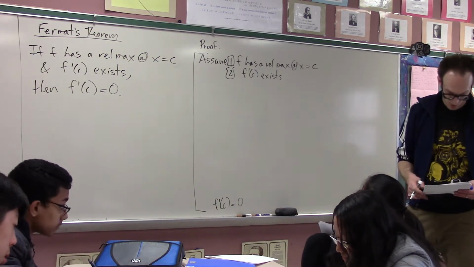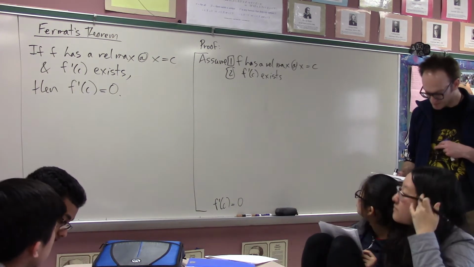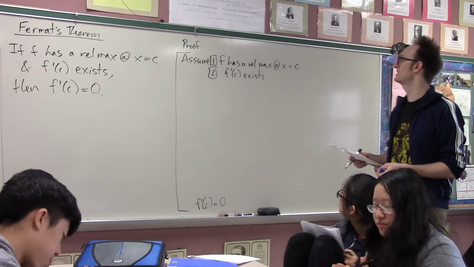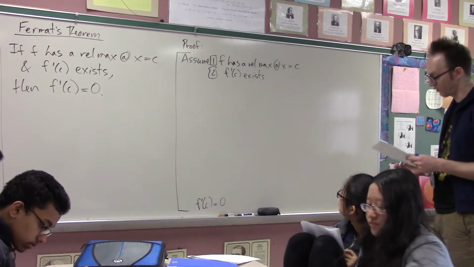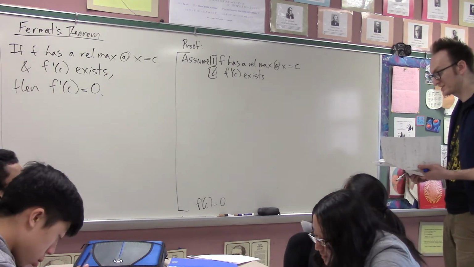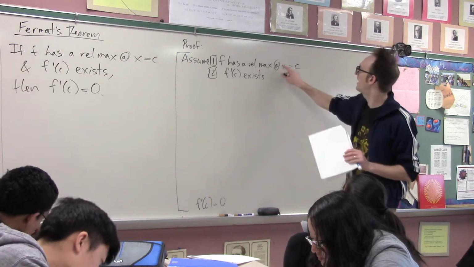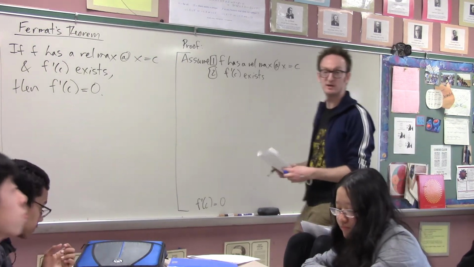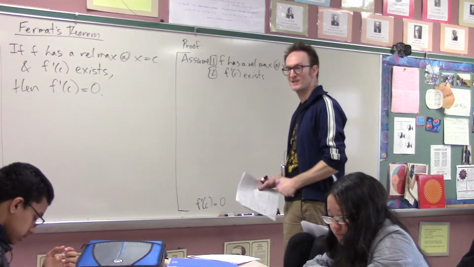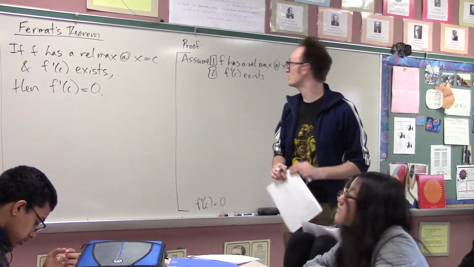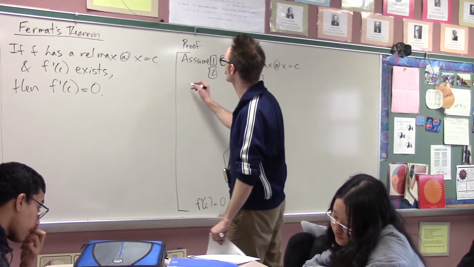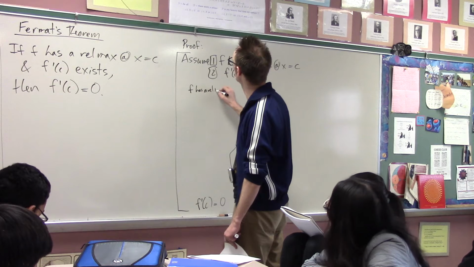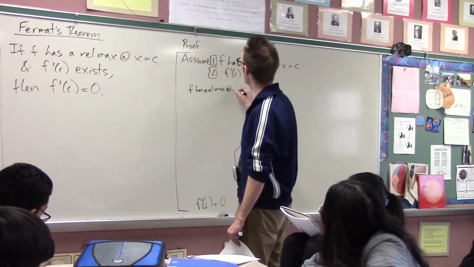Okay. Well, how are we going to use these two facts somehow? What does it even mean to say that f has a relative max at x equals c? Svetlana is pointing to the board, which has now been erased, in which there was a definition. So, what is the definition of f has a relative max at x equals c?